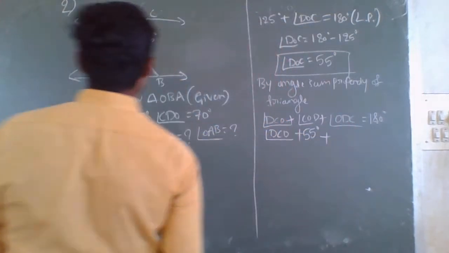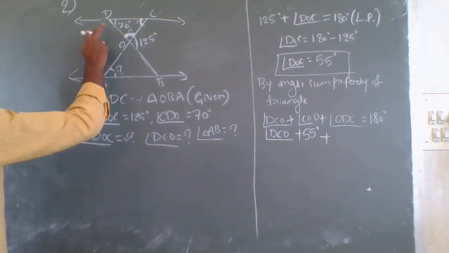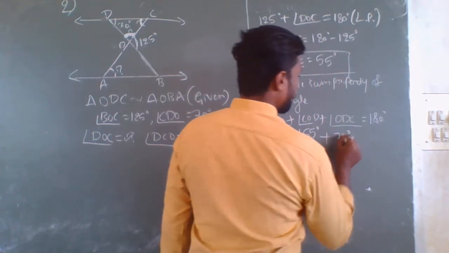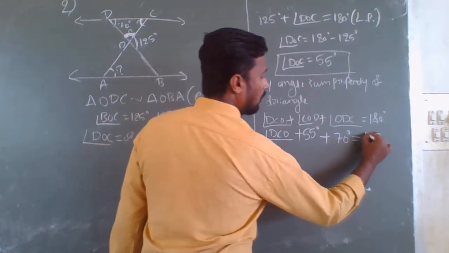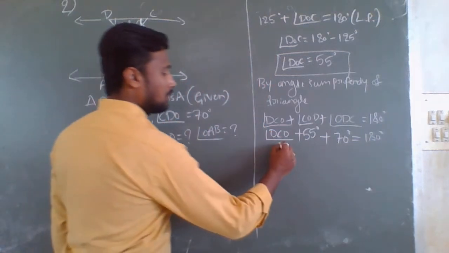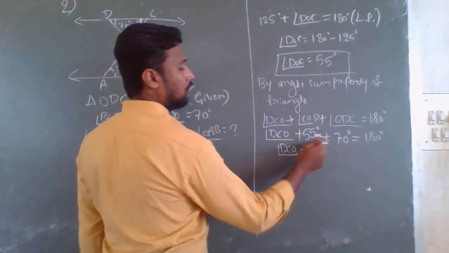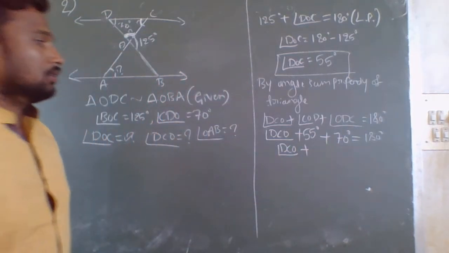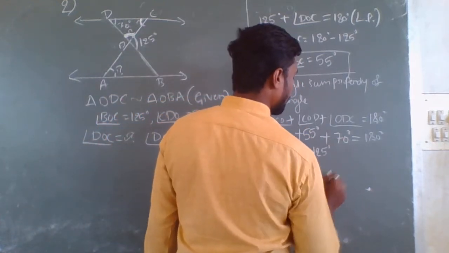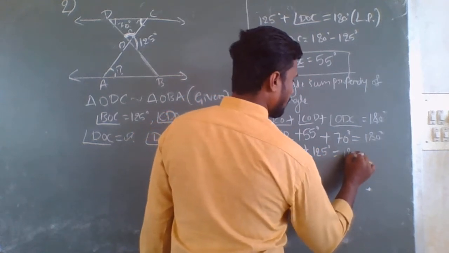And here, angle ODC they have given as 70 degree. So angle DCO plus 55 degree plus 70 degree, which means 125 degree, is equal to 180 degree.